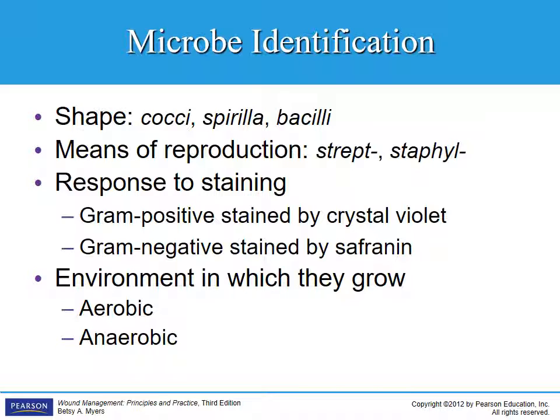Gram positive is stained by crystal violet. Gram negative is stained by safranin. And I already talked a little bit about the environment in which it grows. Does it grow aerobically, with oxygen, or only in an environment without oxygen, an anaerobic environment?